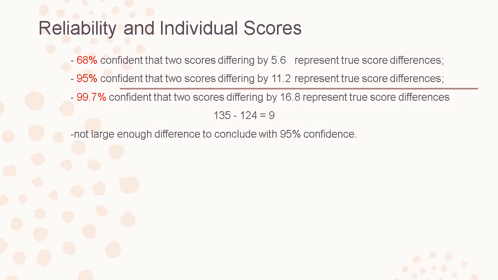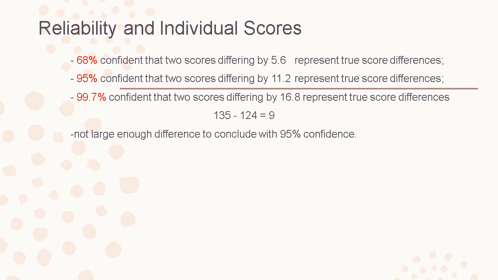So with these results, we are 68% confident that two scores differing by 5.6 represent true score differences, 95% confident that two scores differing by 11.2 represent true score differences, and 99.7% confident that two scores differing by 16.8 represent true score differences. Now let's go back to Larry and Moe's test results.